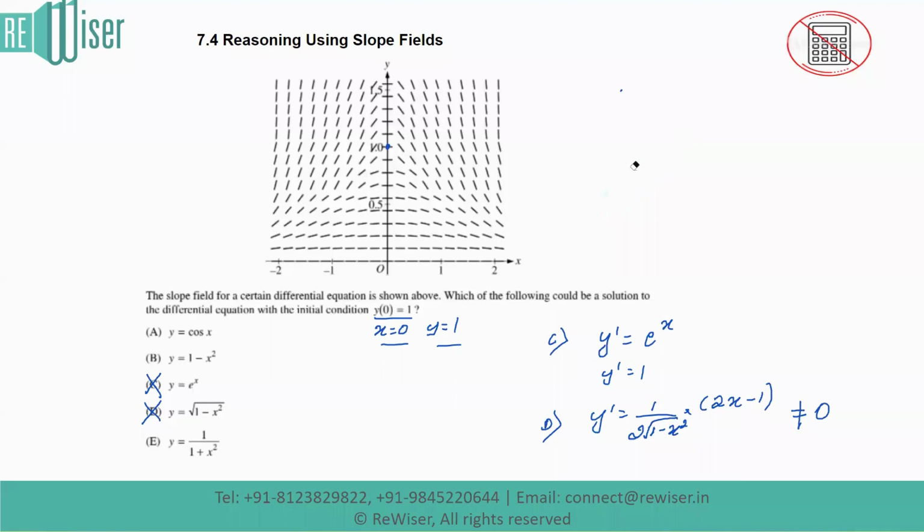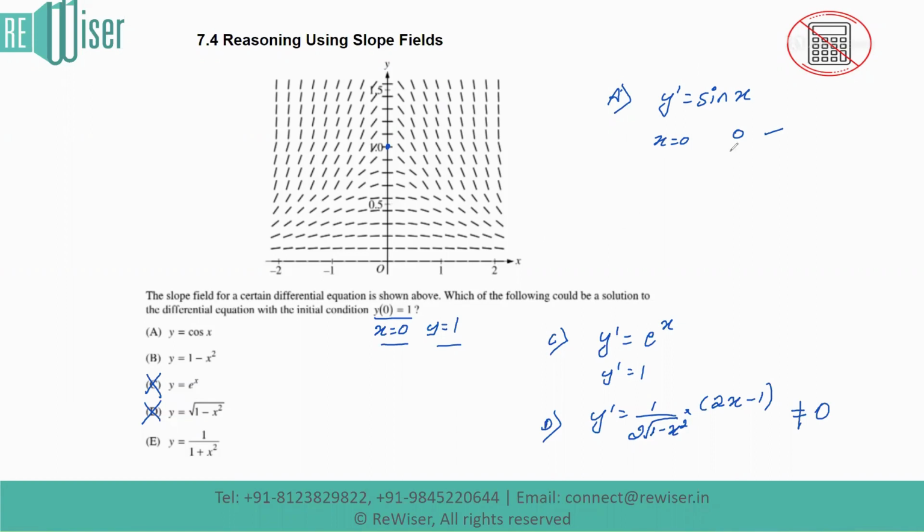Now, how would option A look? The derivative y dash would be equal to sine x. When x is 0, it's going to be sine of 0, which is 0 itself. Yes, that's true: when x is 0, it has to be 0.